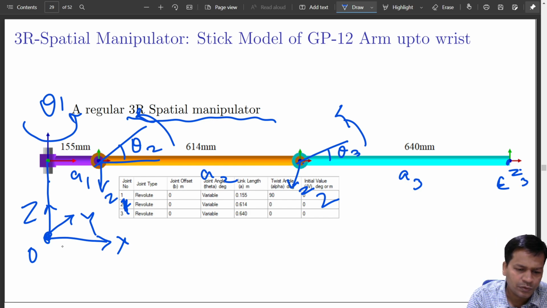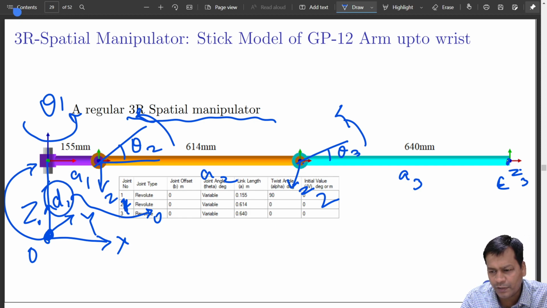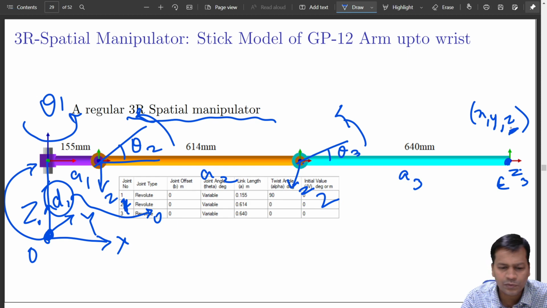So if this is Z0, this distance, as I have said, D1 can be equal to 0. I have equated it to 0 because I have placed this axis over here. It is equally good because this length is not going to change. The z coordinate, if this is x, y, z, will simply have this as a constant term.